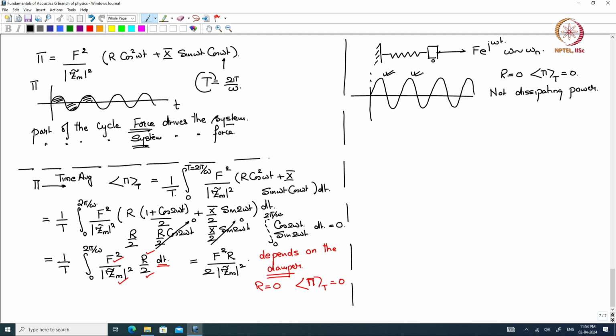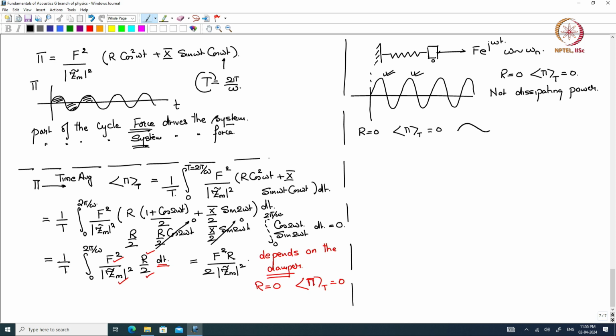I am close to resonance, I am getting huge amplitudes and forcing is not expending any power. So what is the mystery over here? The mystery is that the damper value is 0, so the time averaged power is 0, integrated over one time period.